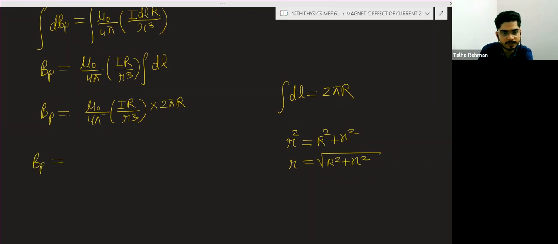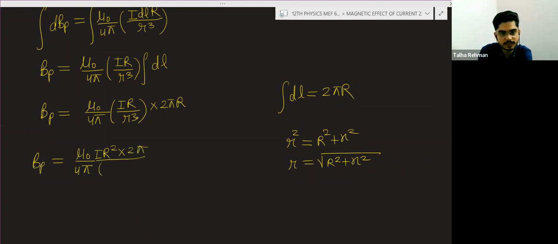You will get your answer. Magnetic field at point P is equal to mu 0 divided by 4 pi, and this will become I R square into 2 pi.